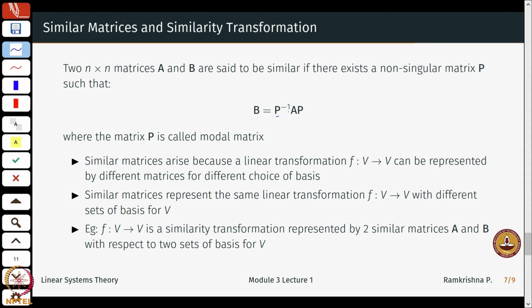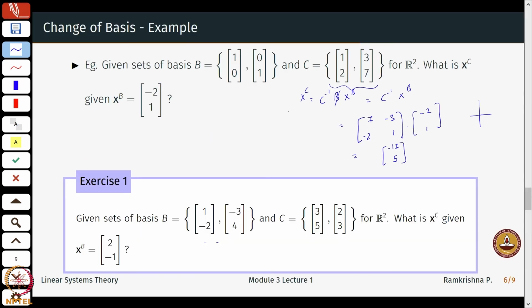Now, these arise because a linear transformation can be represented by different matrices for different choices of bases, as we saw here. We had two bases.